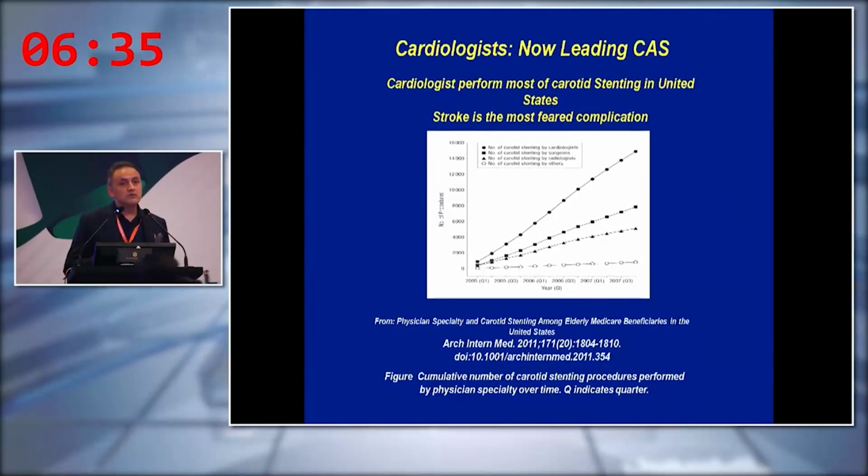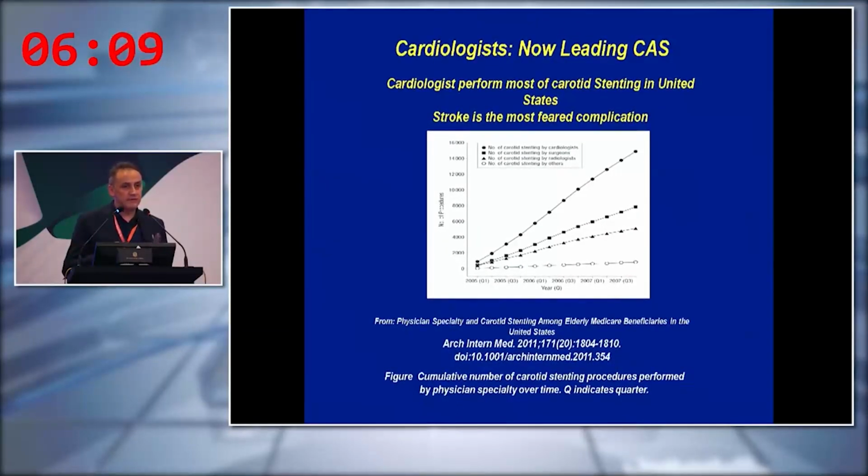As I told you, we have to start with carotid intervention in many countries. For example, in my country too, now we are leading coronary artery stenting. We do much more than interventional radiologists for coronary artery stenting. So in that case, if we do routine coronary artery stenting, why don't we do acute stroke intervention?